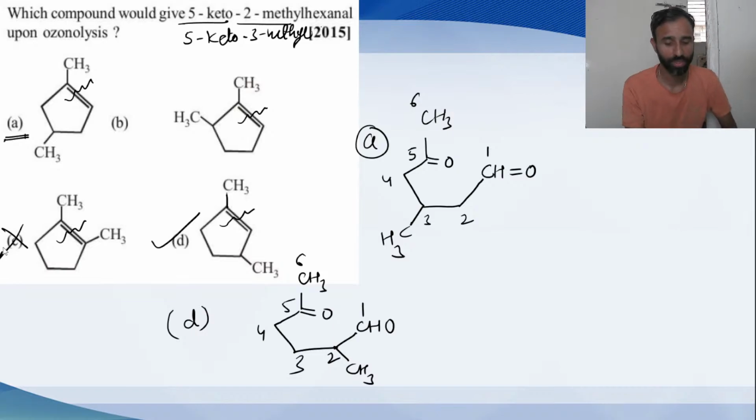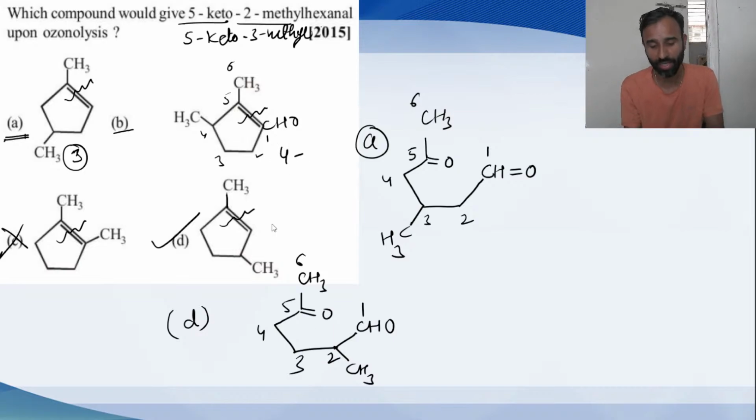C cannot be the option, reason being in both the cases ketones are formed. Diketone is there. Here again we have aldehyde, but 1, 2, 3, 4, it is 5-keto 4-methyl. In the first case, 5-keto 3-methyl. In the B case, 5-keto 4-methyl. And in the D case, 5-keto 2-methyl. That means D is the right option.